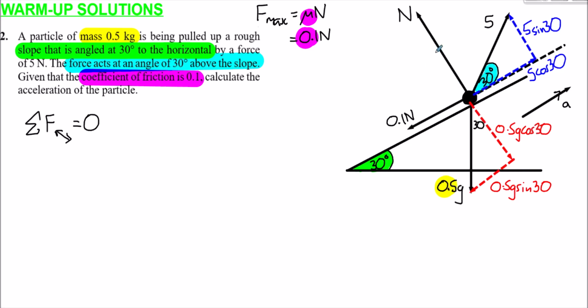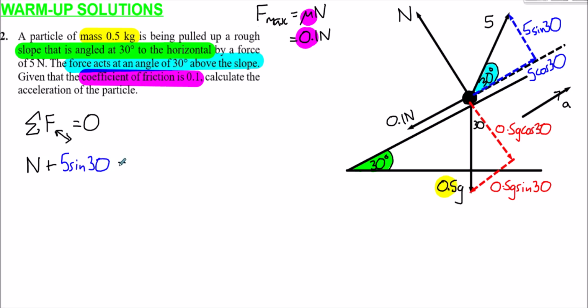So forces acting perpendicular to the plane downwards will be equal and opposite to the forces acting perpendicularly upwards to the plane. So acting up and away, 90 degrees from this slope, is n. There's also this component of the 5 Newton pulling force, 5 sine 30. That's also acting in the same direction as n.